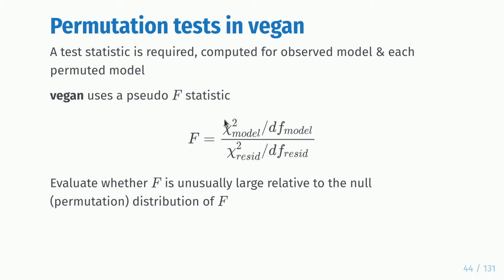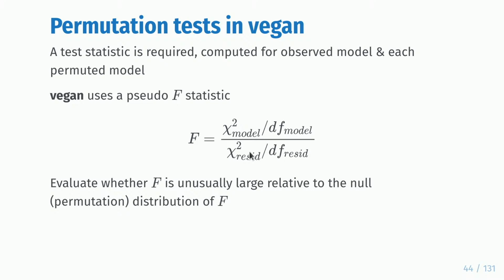We have the chi-squared of the model, the variance explained or inertia of our fitted model, divided by the complexity of that model, and then we divide that by the chi-squared of the residuals, the variance of the residuals, scaled by how many degrees of freedom were left over in the residuals, okay?